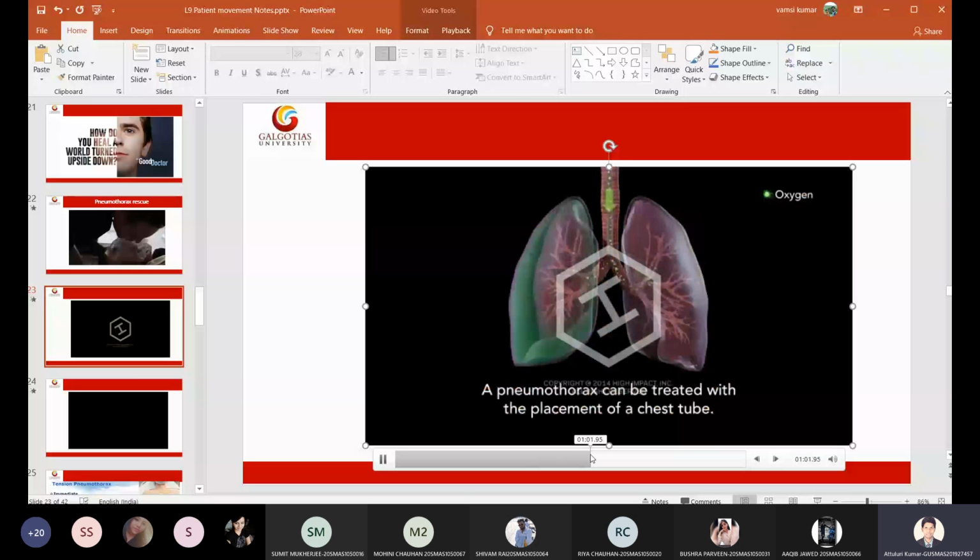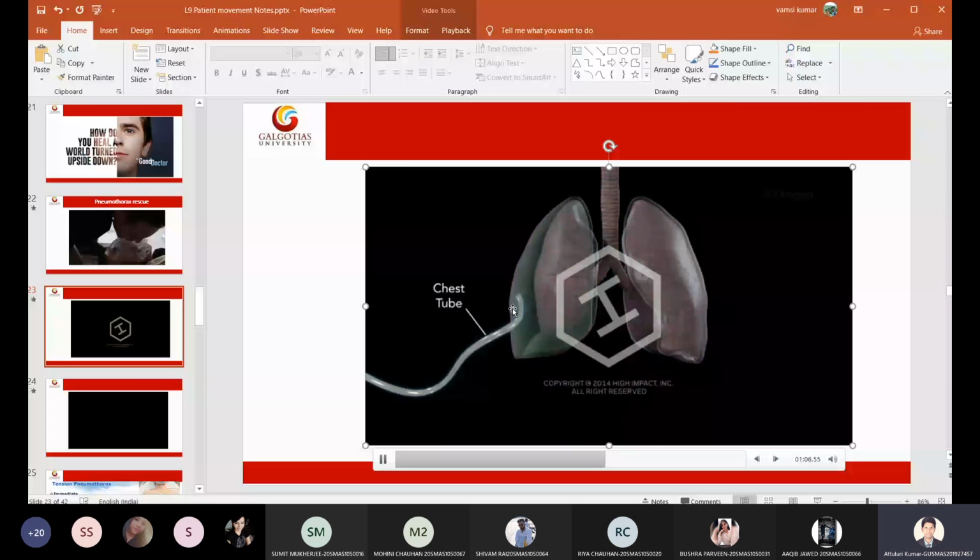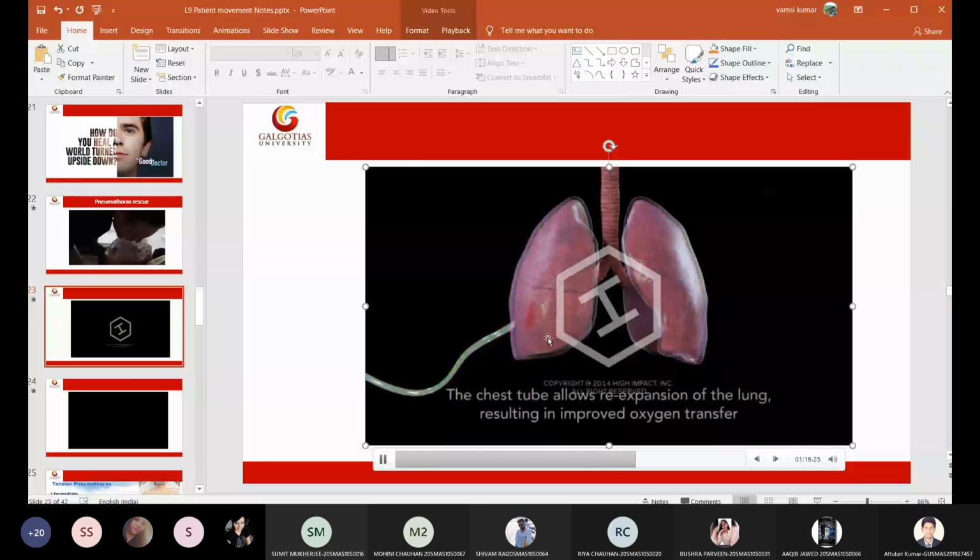Okay, we need to introduce a catheter into the thoracic cavity, and this catheter will remove the entrapped air. See, after removing this air, the lung came to its natural state. So this is all about a pneumothorax rescue.